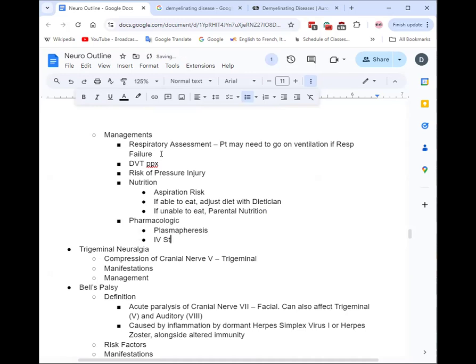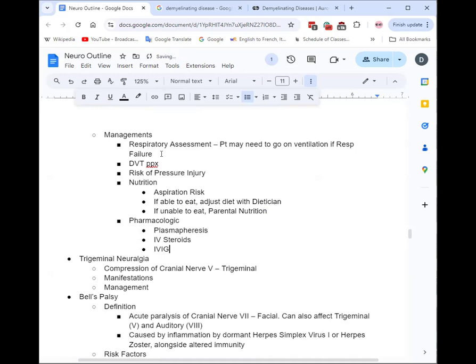Corticosteroids. Diego, why do they do the plasmapheresis? I don't think it was fully specified for you guys. Let me go through the causes again, because I don't think you guys went over it at all. Typically, what that is, is you filter and remove plasma from the blood.